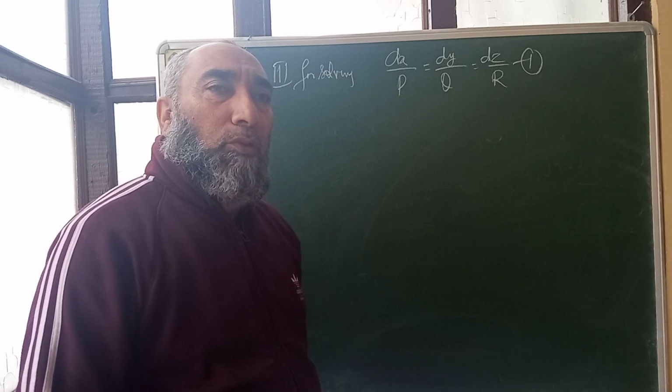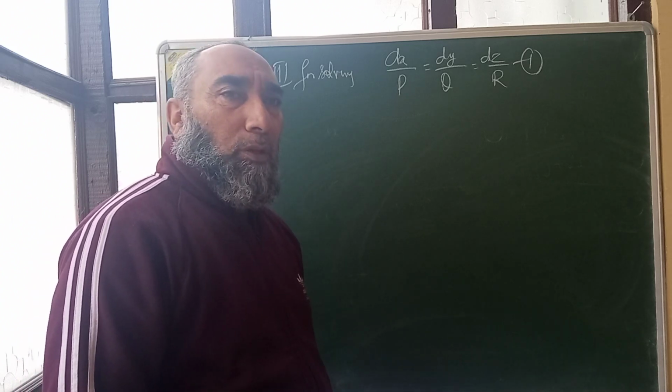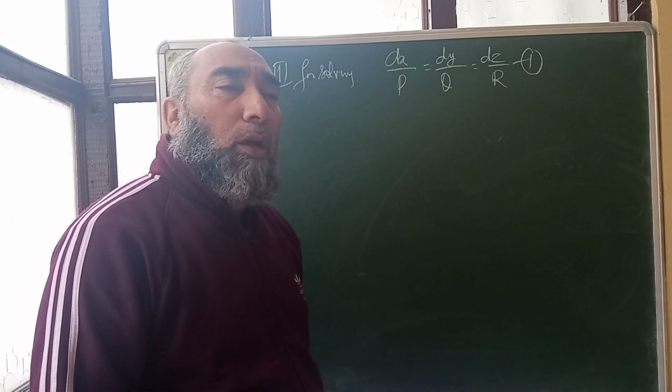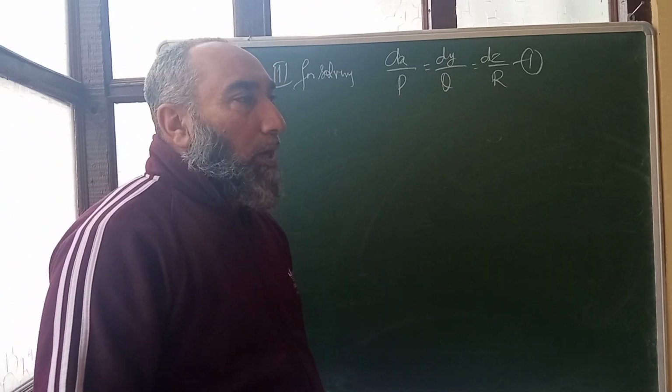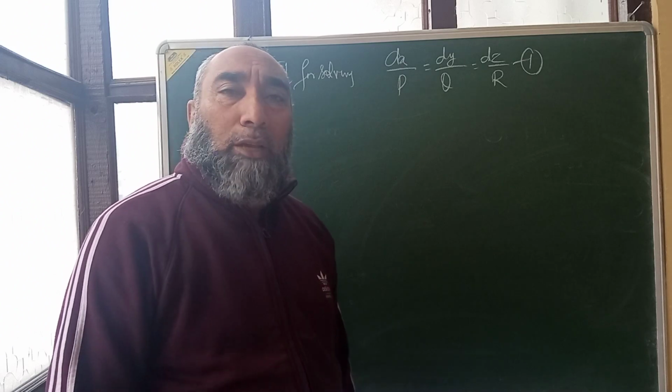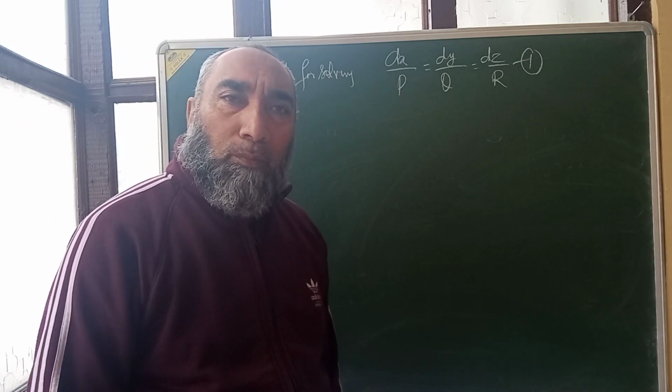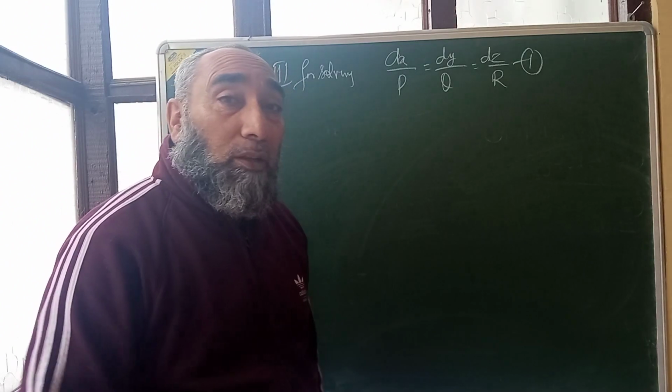I have used y plus 2x. So instead of y plus x, I have x square minus y square equals c1. I cannot use that. I just now used x square minus y square equals c1, or x plus y equals c1.